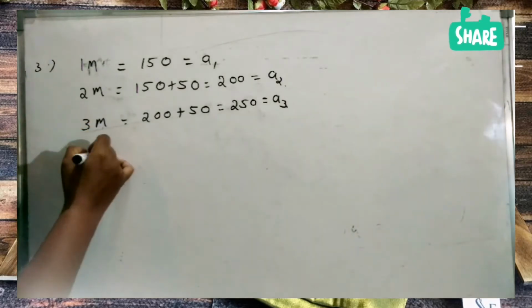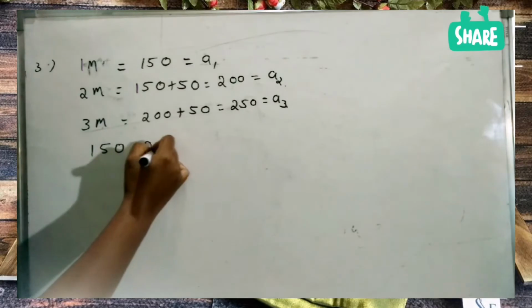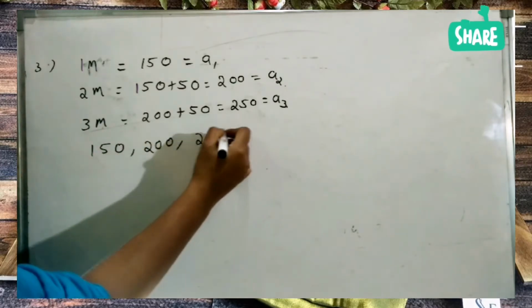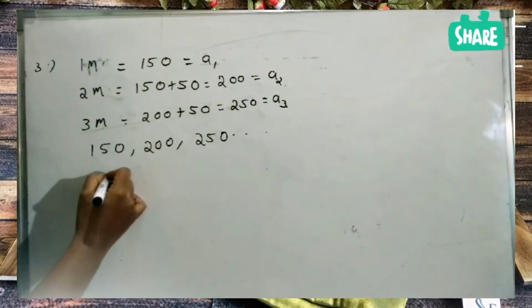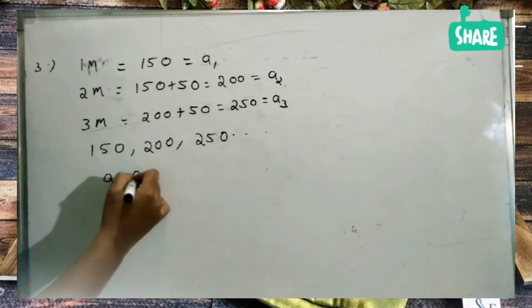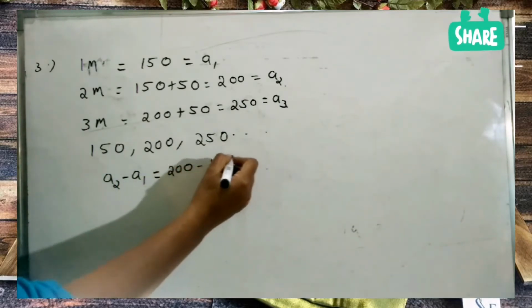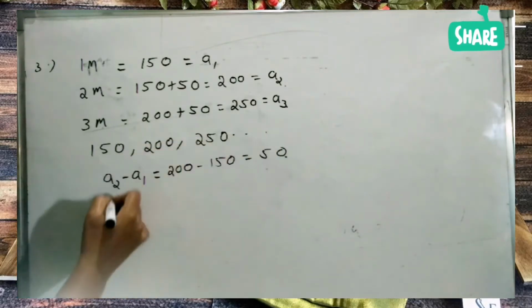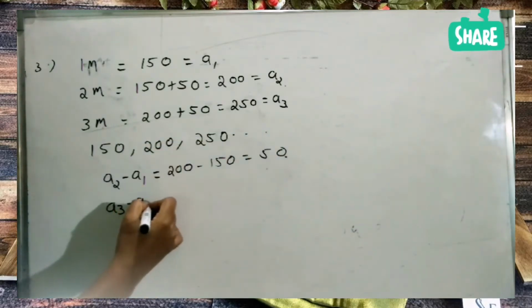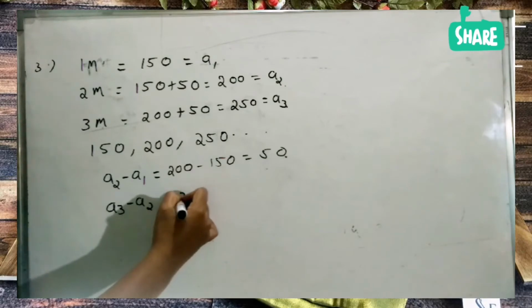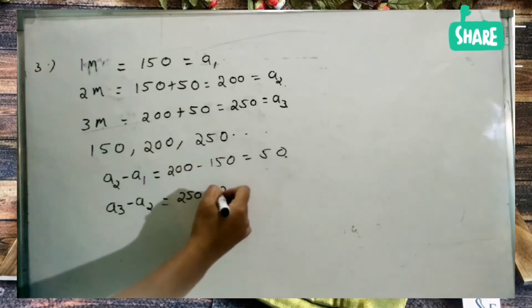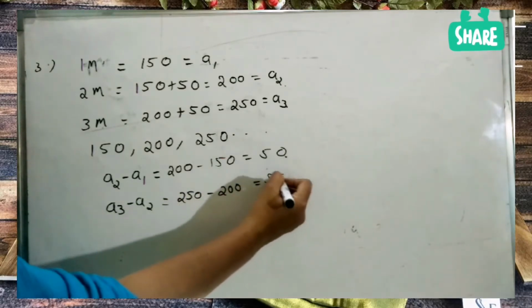Now the numbers 150, 200, 250, and so on. We need to check the differences of the consecutive terms. A2 minus A1 is 200 minus 150, equal to 50. A3 minus A2 is 250 minus 200, equal to 50.